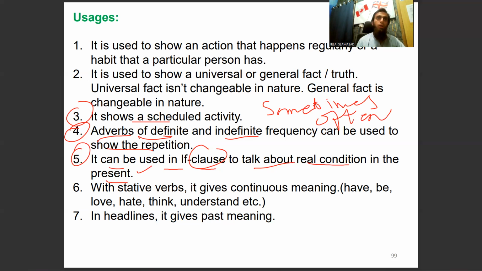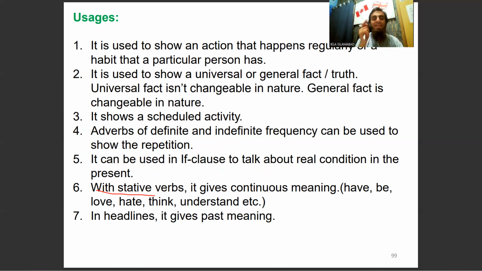If you raise the temperature, the water boils, right? Now, if you light the fire to 90 degrees, the water boils. Now, those true pieces of information, which are real, start from if you do, and if those are real situations, we also use present simple, very easy.